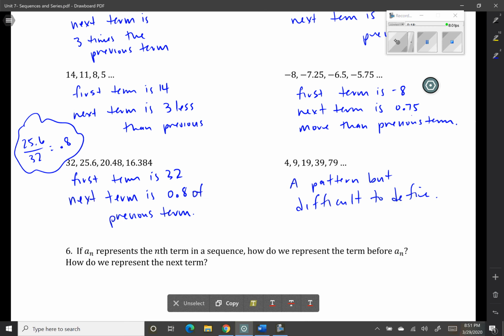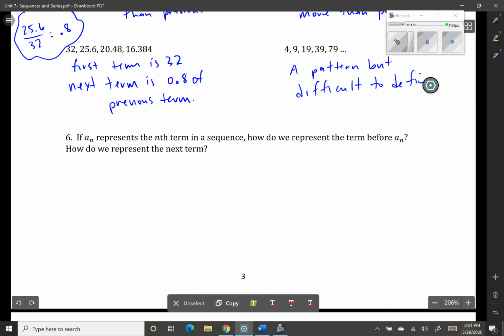So if a sub n represents the nth term of a sequence, how do we represent the term before a sub n? So if a sub n is a term, the previous term is a sub n minus 1. So we're saying the term before n, so we're subtracting 1 from n.